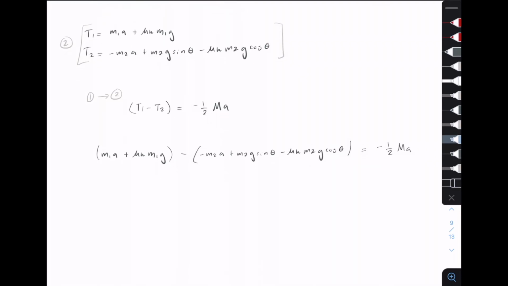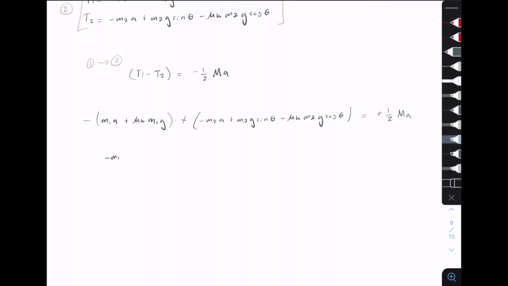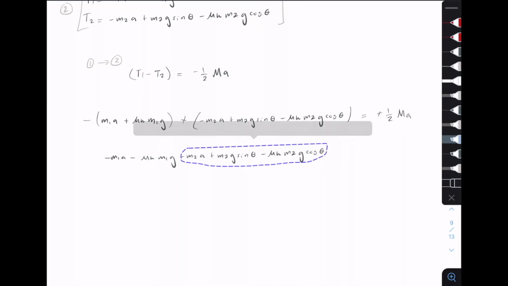I'm going to make this positive, positive, negative, because it's less things to distribute a negative for. Negative M1A minus mu K M1G, and then all the rest of this, just for the sake of not writing everything out again, is equal to 1/2 MA.